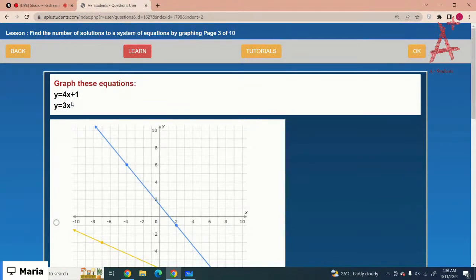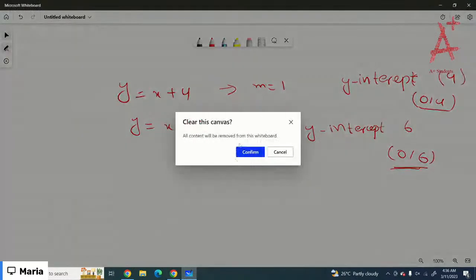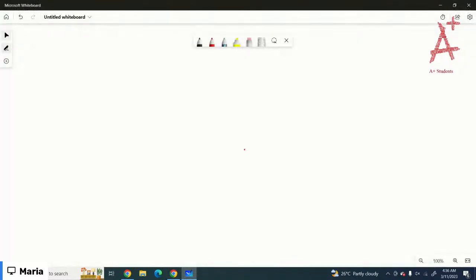Graph these equations: y equals 4x plus 1 and y equals 3x. So m equals 4 and the y-intercept equals 1. The point is (0, 1).